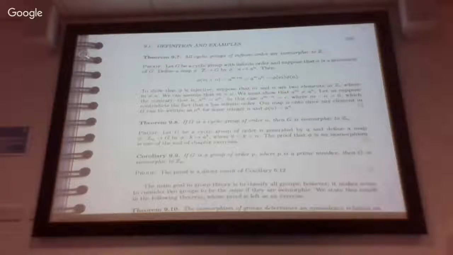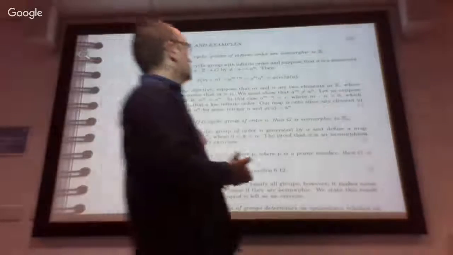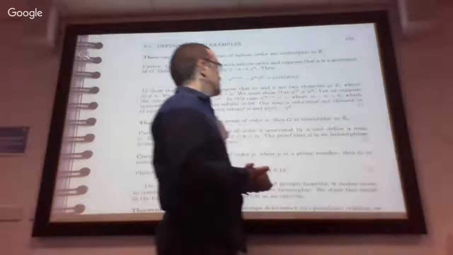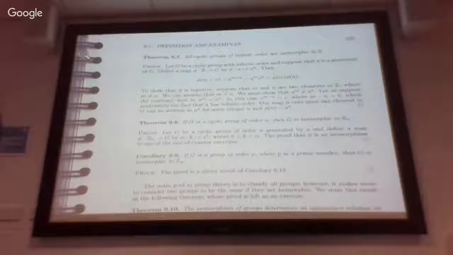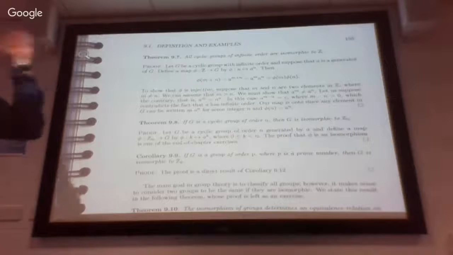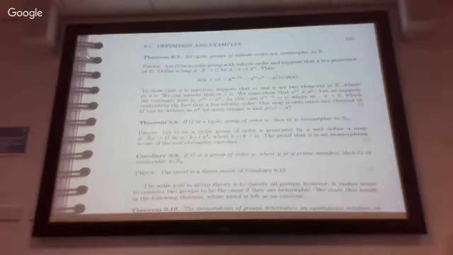So something you've known about all along, the group Z, the integers under addition. What this is saying is that every infinite cyclic group is actually equivalent to that. So that's quite a powerful result. It's saying there isn't a whole universe of different types of infinite cyclic groups. Really, they're essentially all the same. They all have the same group structure.